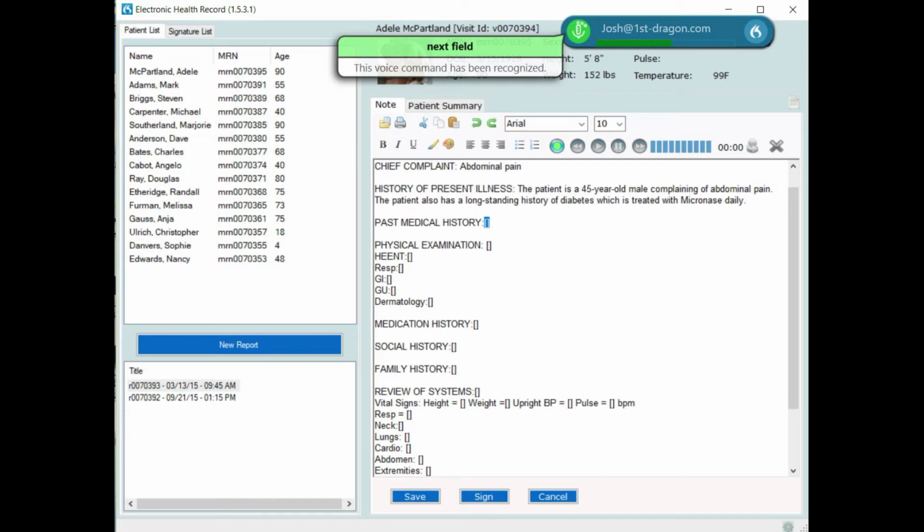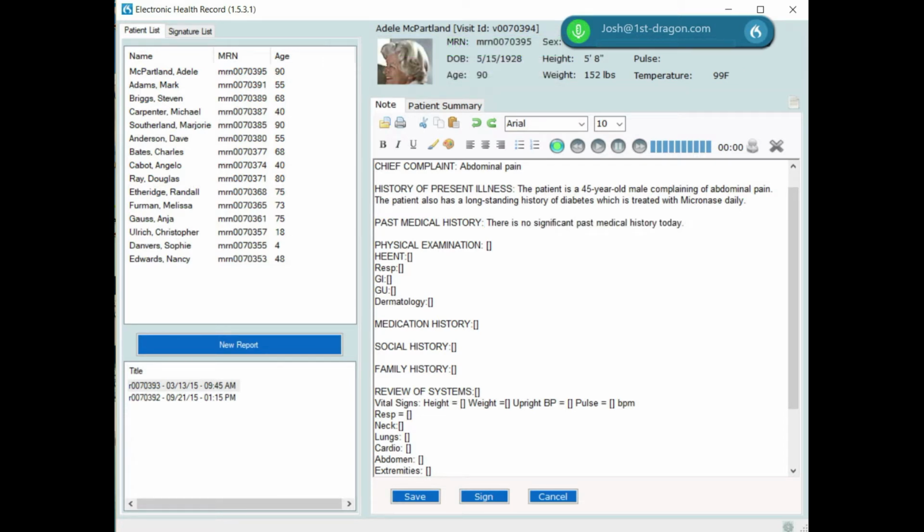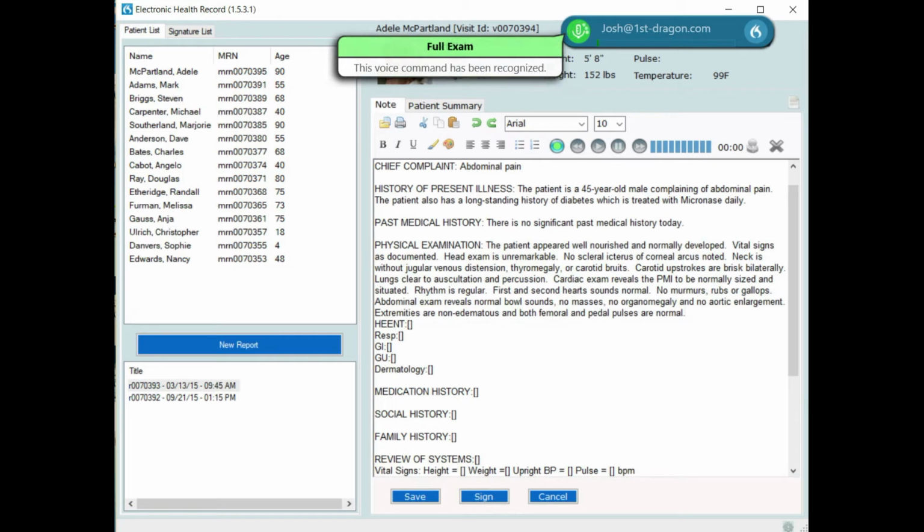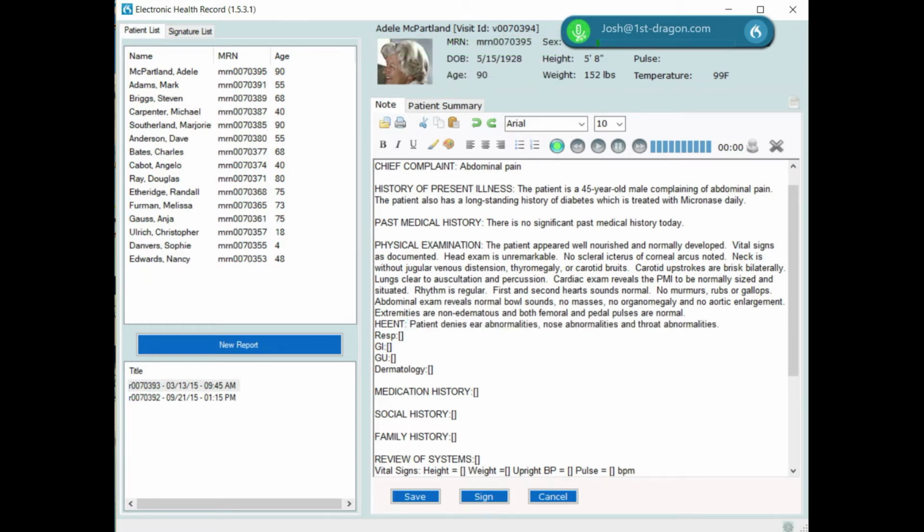There is no significant past medical history today, period. Next field. Full exam. Next field. Patient denies ear abnormalities, nose abnormalities, and throat abnormalities, period. Next field. Patient denies asthma, lung infections, and lung lesions, period.